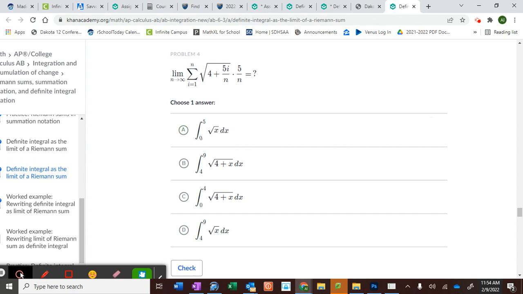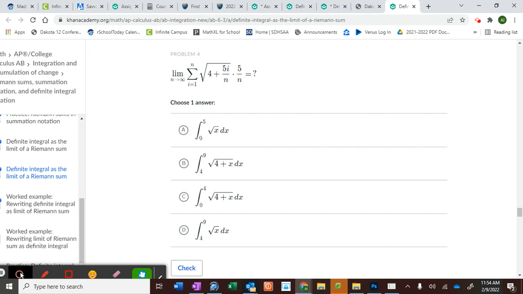All right. This is the one I struggle with. What's dx? dx is 5 over n. So then where we start is 4, plus 5 over n times I. So we start at 4. Which of these starts at 4?